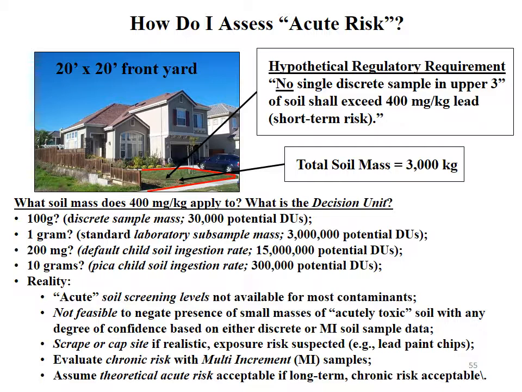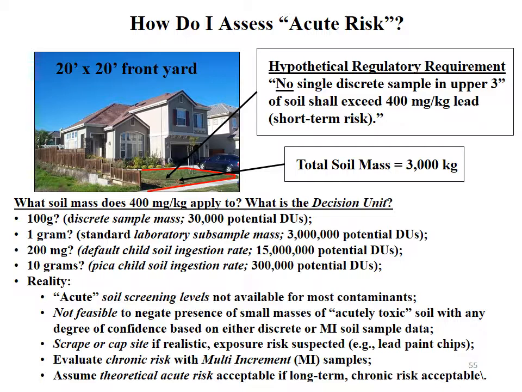And if I do that, then I can supposedly conclude that 95% of the DUs I didn't test don't exceed the maximum concentration of lead that I identified in the soil. Still not a 100% confidence level. Is that good enough? I wouldn't be very confident with that. I'm testing 59 1-gram masses out of 3 million.